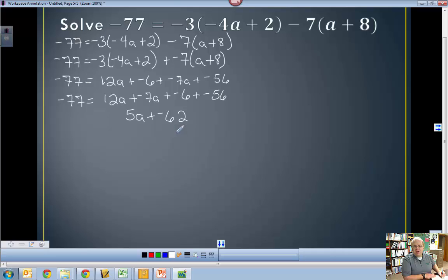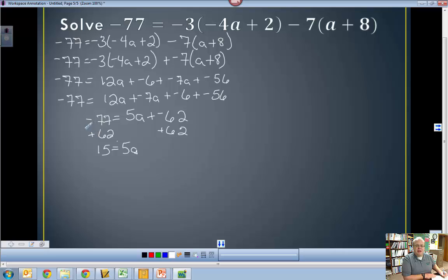Now that all equals negative 77. Now I want to add the opposite because I want to move this over here. So I'm going to add 62. It's a positive 62. When I add these, I now have 5a equals negative 15.